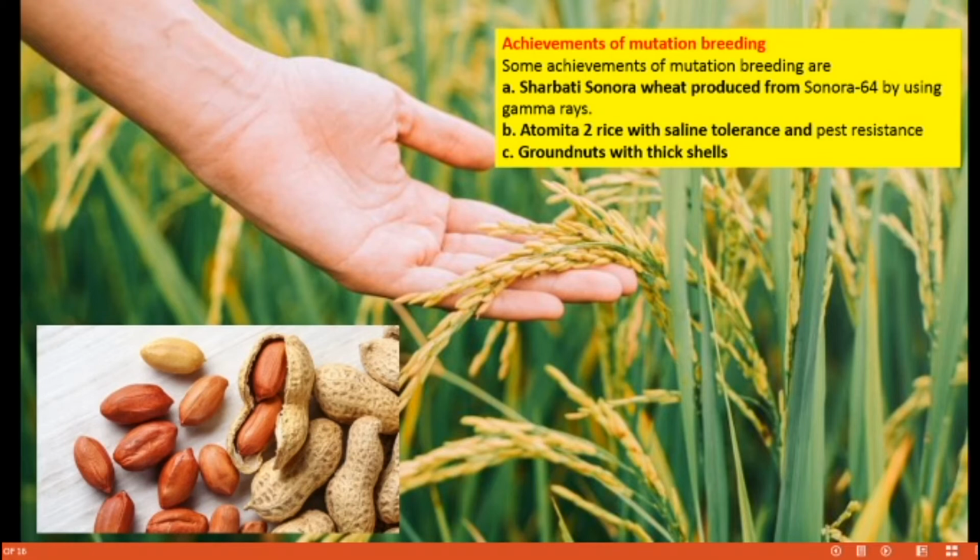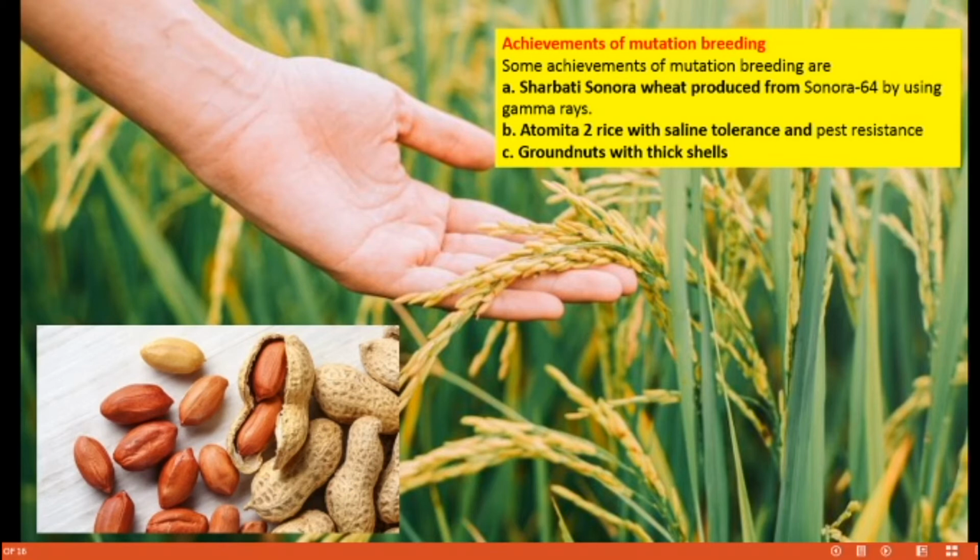Atomita 2 rice with saline tolerance and pest resistance. Atomita 2 is one of the rice varieties which underwent mutation breeding. After mutation breeding, it is able to tolerate saline conditions. Normal paddy needs more fresh water, but Atomita 2 is able to live and give more yield in saline soil as well as salt water.